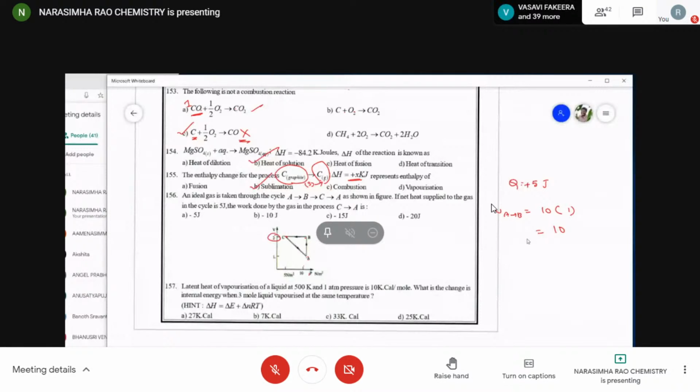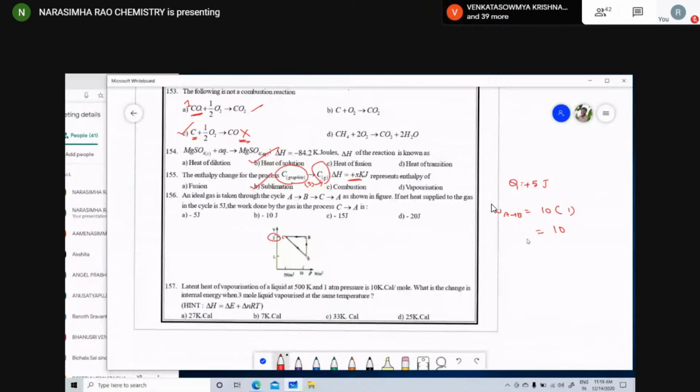The question is asking about W for C to A. According to the first law of thermodynamics, change in internal energy is equal to Q plus W. For a cyclic process, change in internal energy is equal to 0. Q is equal to plus 5 joules.